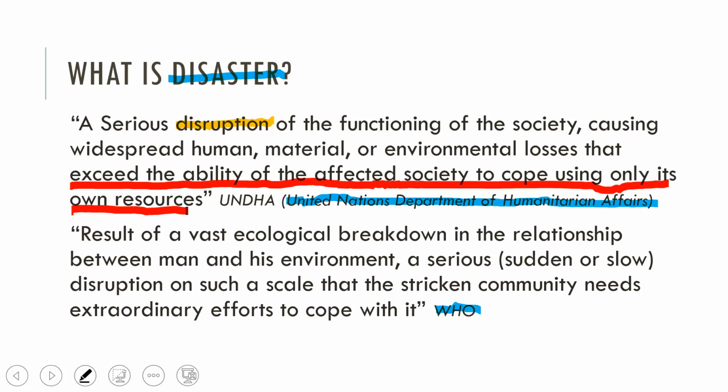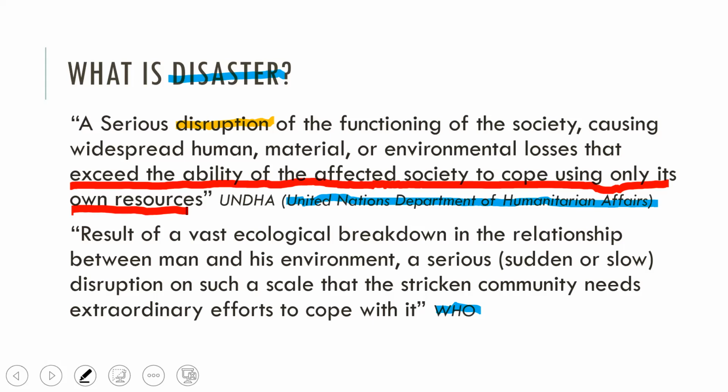Let us try to clarify this a little bit more. For example, if an earthquake with an intensity of 6.5 on the Richter scale occurred in Japan, then the affected society is the Japanese society.